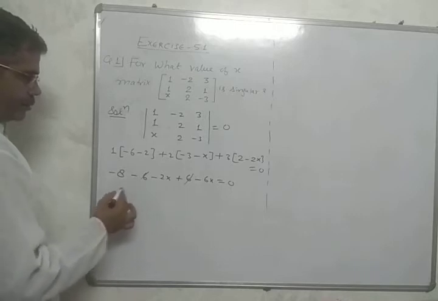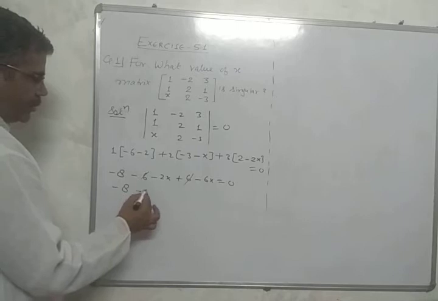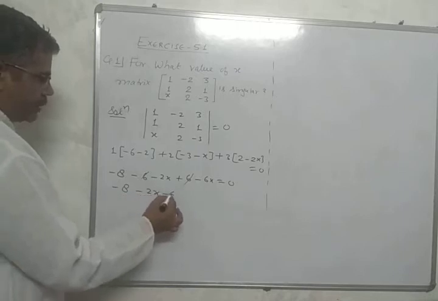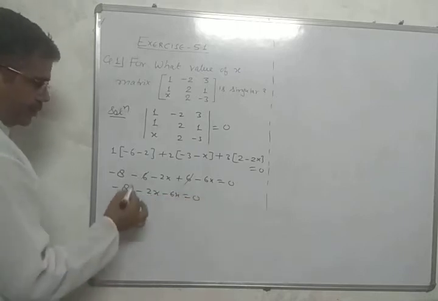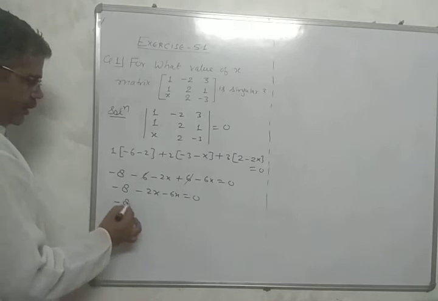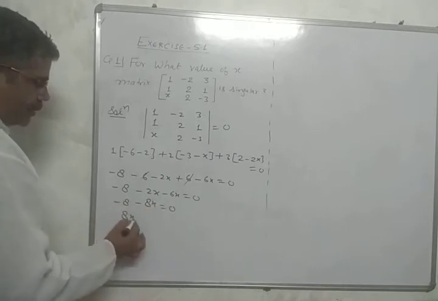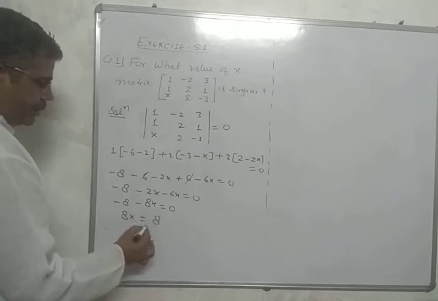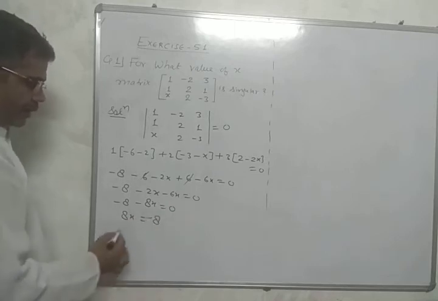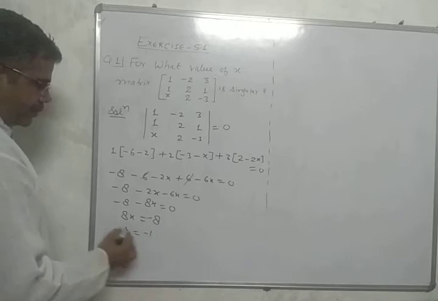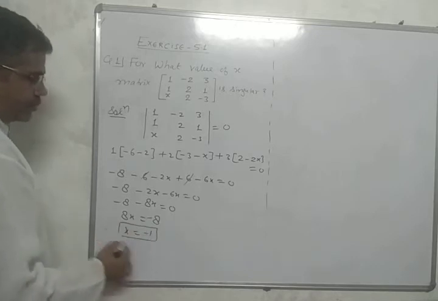We have minus 8 minus 2x minus 6x equals 0, and minus 8 minus 8x equals 0. So 8x equals 8 minus 8, sorry, and x equals minus 1. This is our answer.